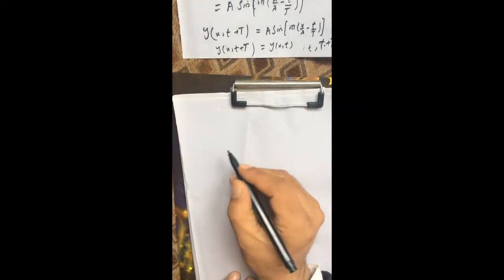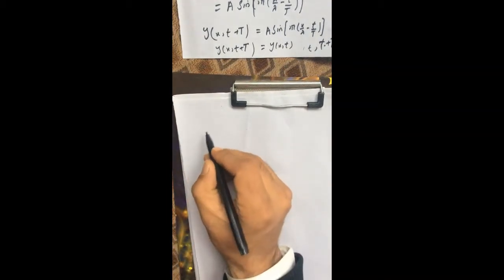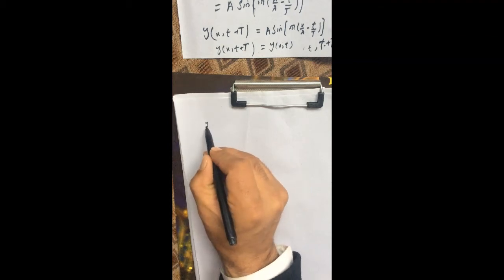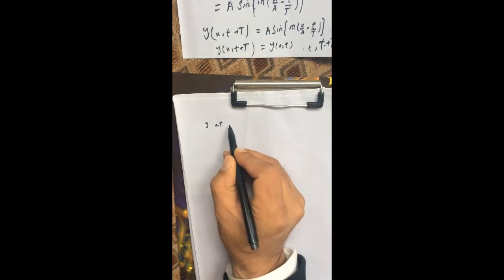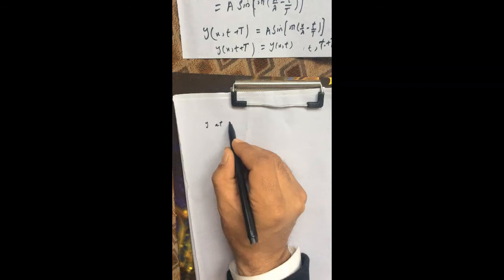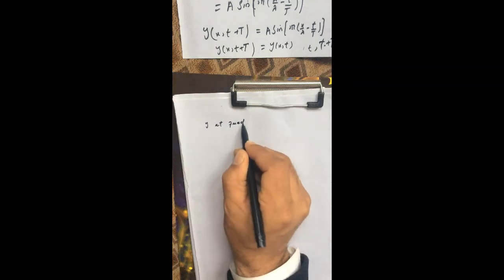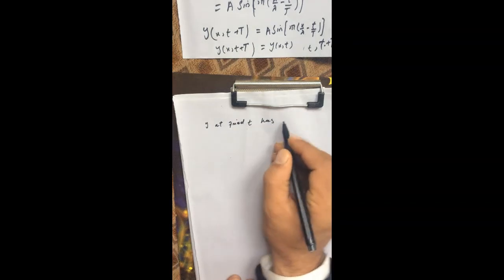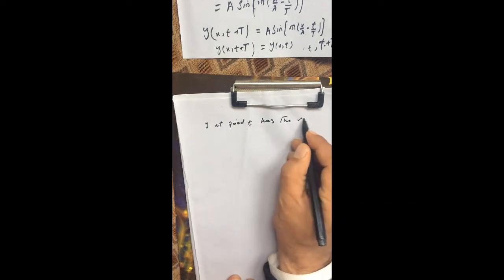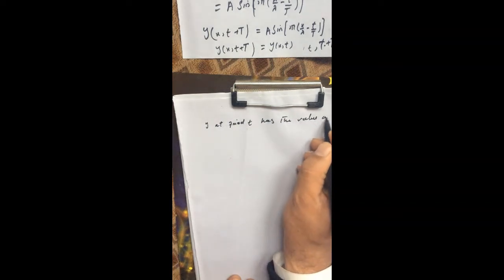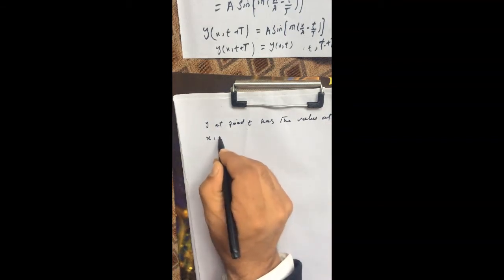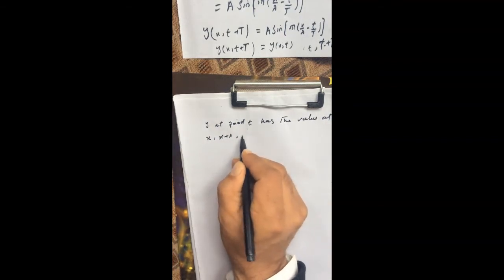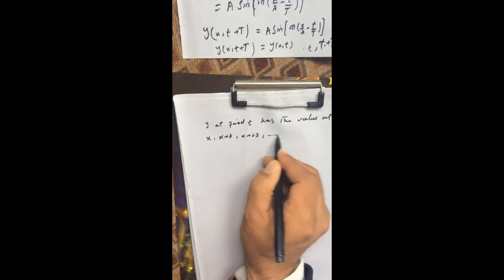Okay guys, in the last video we proved two properties of the wave function. The first one is that the value of y at a particular, fixed t is the same at x, x plus lambda, x plus 2 lambda, and so on.